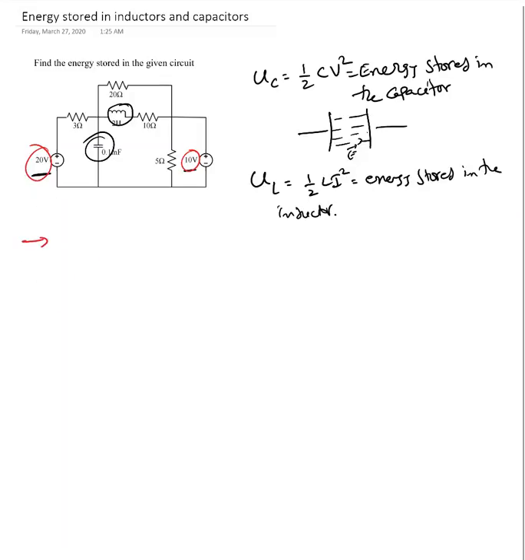In DC, once the capacitor is fully charged and the inductor is fully energized, they act like an open circuit or a closed circuit. How long does it take? Only a few milliseconds or microseconds to charge the capacitor or inductor.